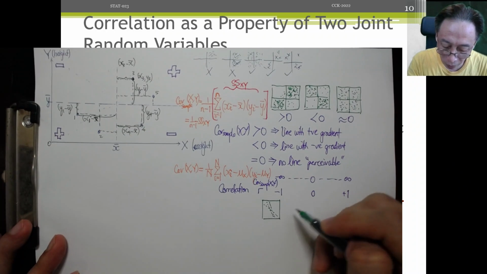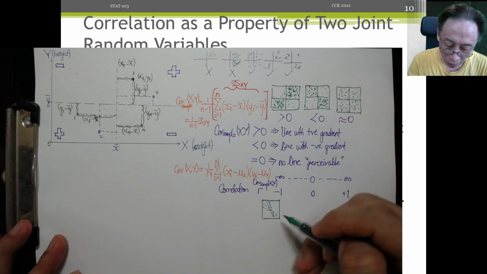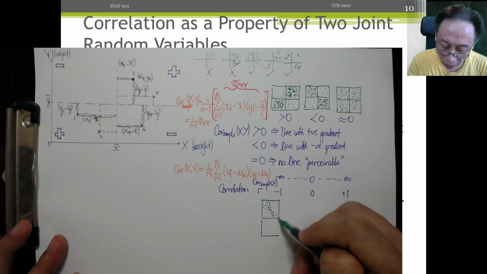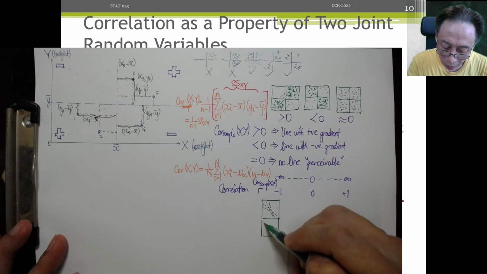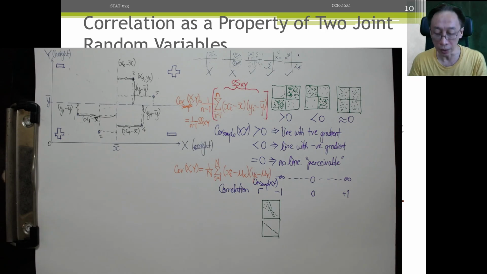But when it is somewhere in between, we're not talking about the gradient, all right? So R, when it's -1, means the data points will be perfectly lying on a line. It's not to say that the line has a -1 gradient, -2 gradient, or so on. It doesn't mean that. Gradient is gradient, R is R.